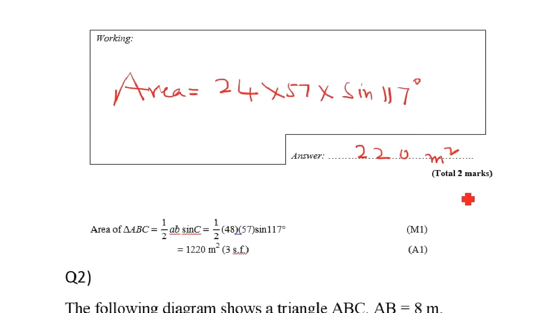This question carries 2 marks, and look at the marking scheme here. You identify the formula, what kind of formula you're going to use, and you substitute the values, 1 by 2, 48 times 57 times sine 117, you get the method mark 1 here.